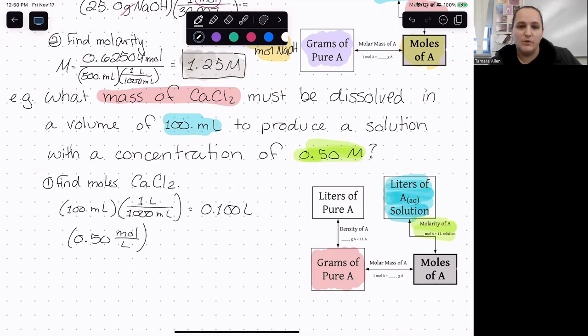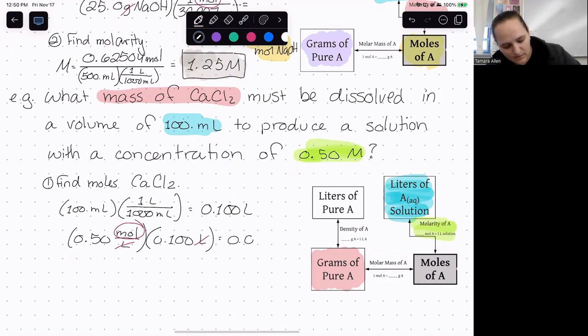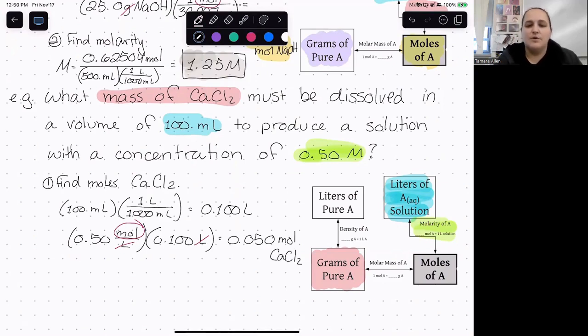So if molarity is moles per liter, and we multiply by how many liters we actually have, liters cancels liters, and that's going to leave us in units of moles, which is exactly what we are looking to do in this first step. So in order to produce this solution, we need to dissolve 0.05 moles of calcium chloride into the 100 milliliters of solution.